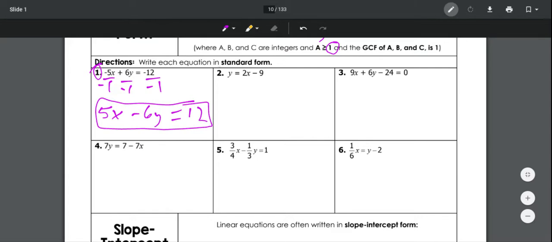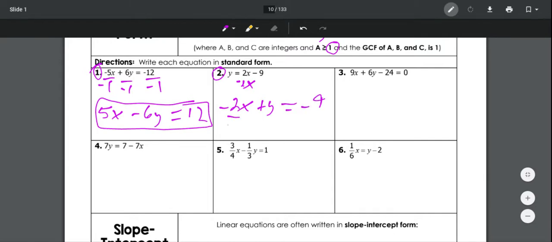I'll do one more. I'll do number 2. On number 2, we've got y equals 2x minus 9. We need this 2x to be on this side. So we're going to subtract 2x, which will give me negative 2x plus y equal to negative 9.